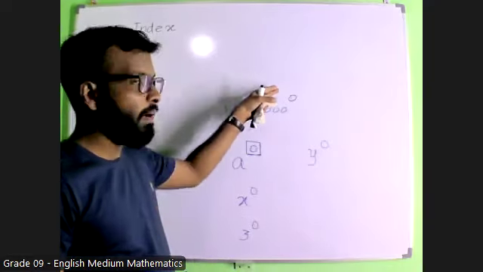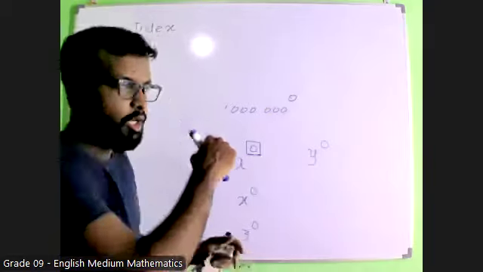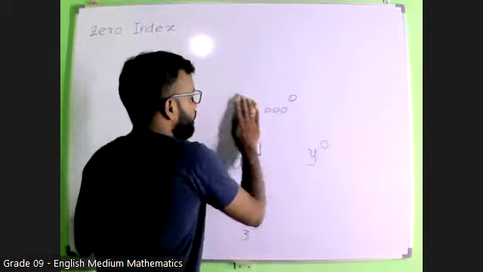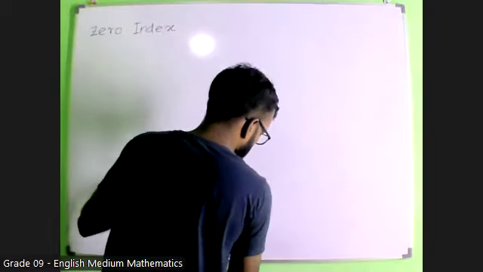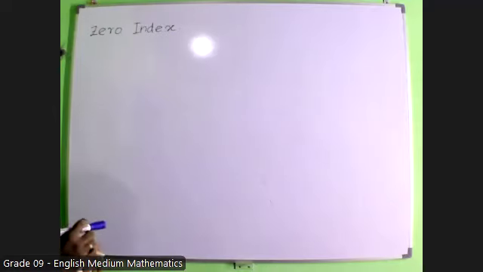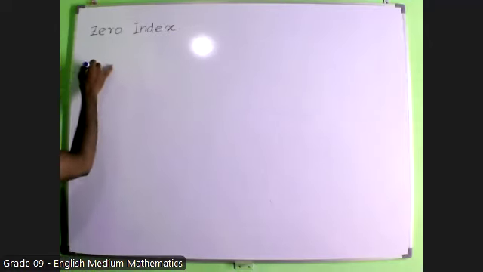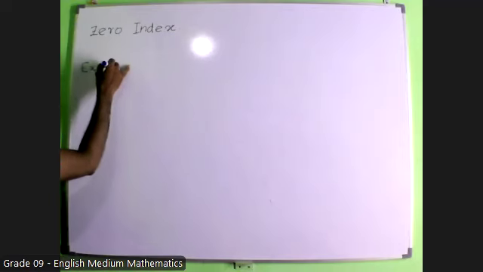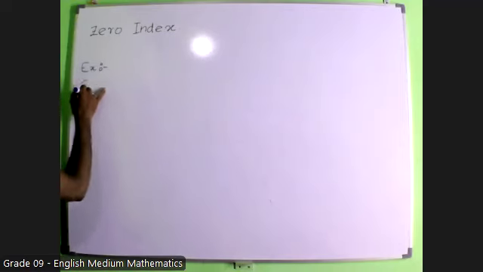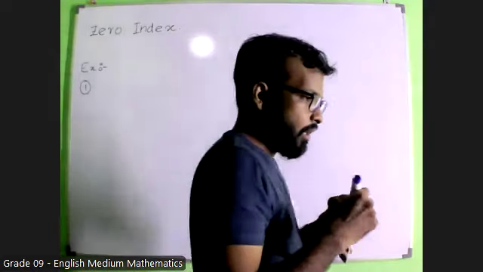To the power 0, to the power 0. Look at the board. For an example, I'll take something like this. Example number 1.